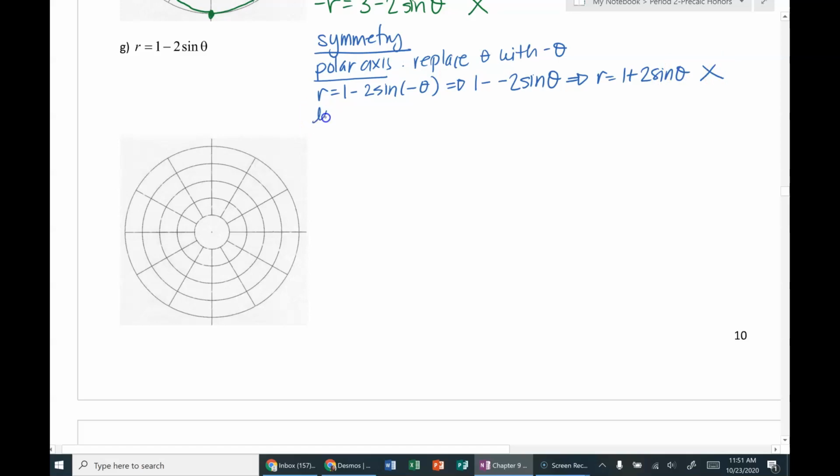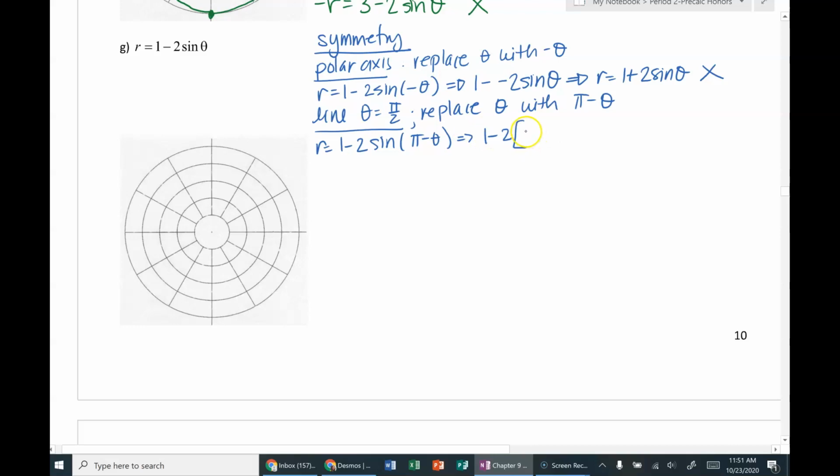Then we can go to the line theta equals pi over 2. This is when we replace theta with pi minus theta. So r equals 1 minus 2 sine of pi minus theta. 1 minus 2 open bracket.